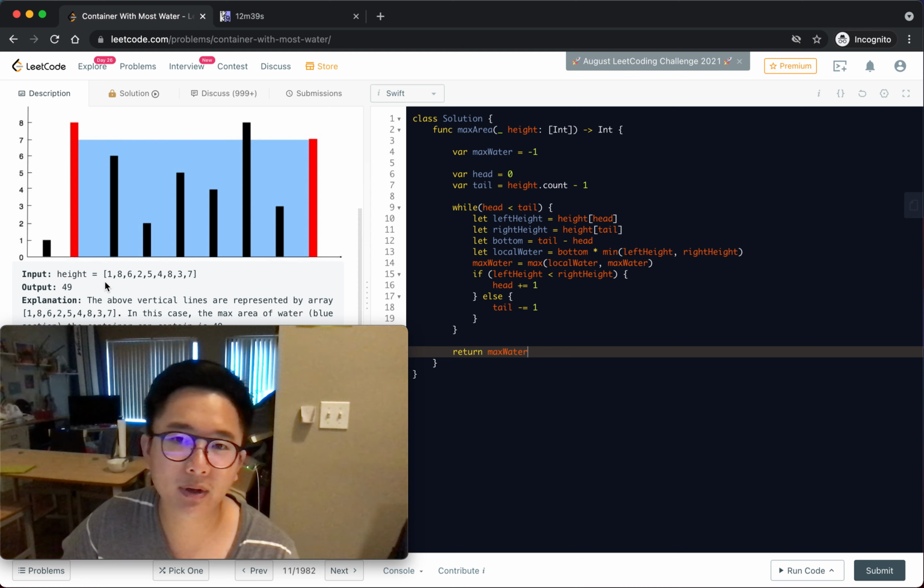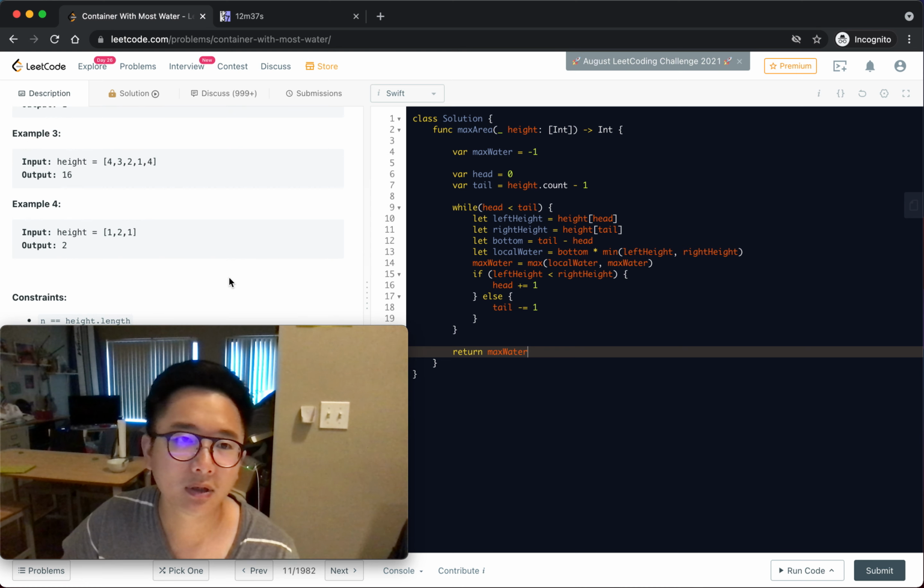Let's take this as an example because this one is shorter. Head and tail will be 0 and 4, so 4 and 4, and bottom is 4.